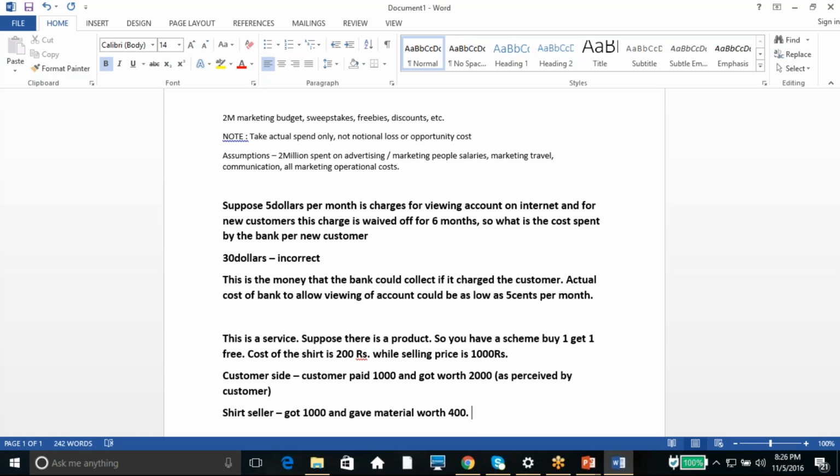Maybe you will allocate some money for the administration work of sending out mails and this and that. But other than that, all the other parts, which is the faculty taking a class, the WebEx system or the GoToMeeting system or whatever, all those are fixed costs which will be incurred whether or not that extra student is there.